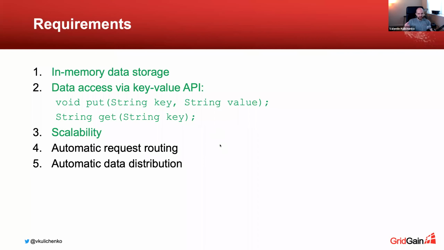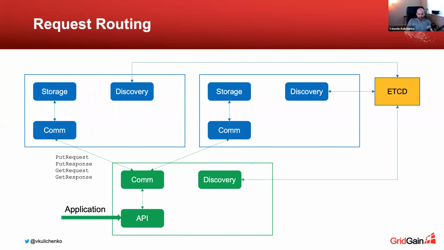So we want different update requests and different read requests to go to different nodes, which doesn't happen right now. It always goes to this single node, based on just a hard-coded IP address.